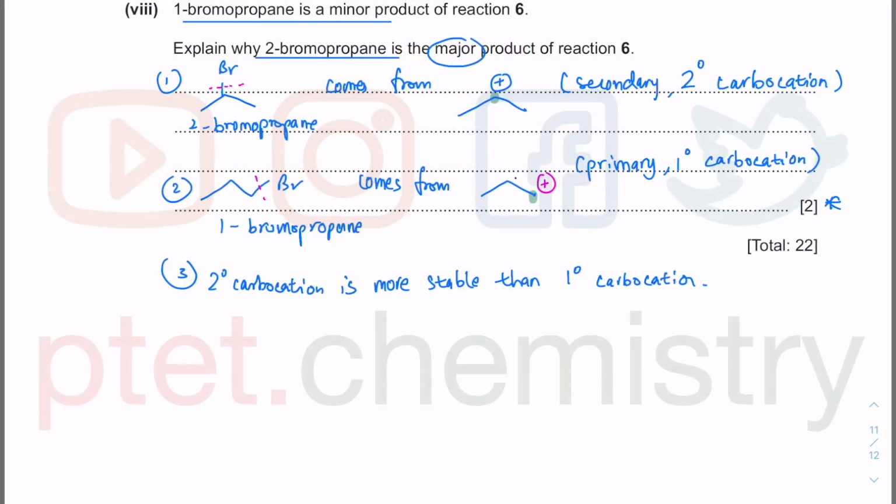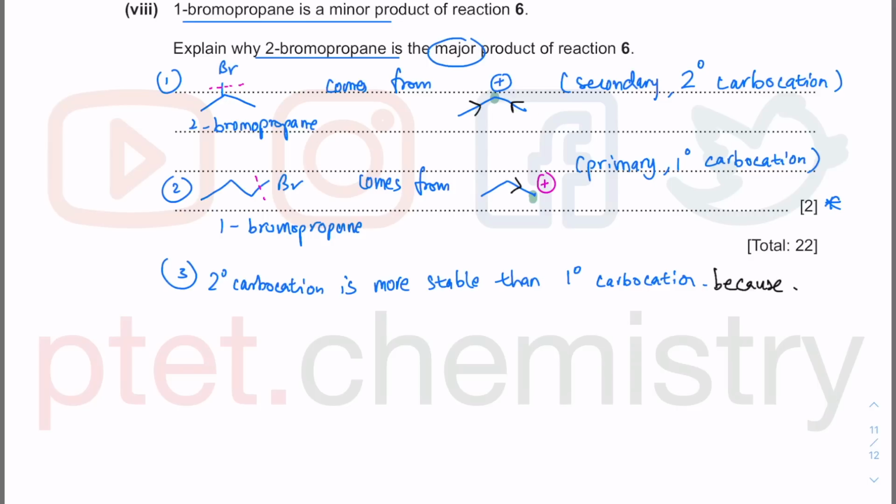So there is an effect. If I just put this black color arrow, I don't like to draw this black color arrow because we are not doing mechanism, but it is showing that you are donating electrons. They are alkyl electron donating groups. So we can say when you are secondary, you have 2 alkyl electron donating groups. When you're primary, you only have 1. When you're tertiary, your carbon with the positive charge is bonded to 3 other carbons.